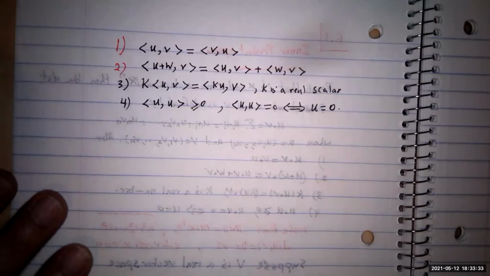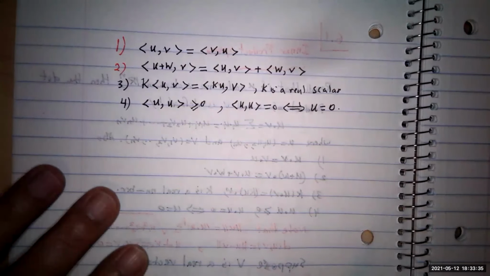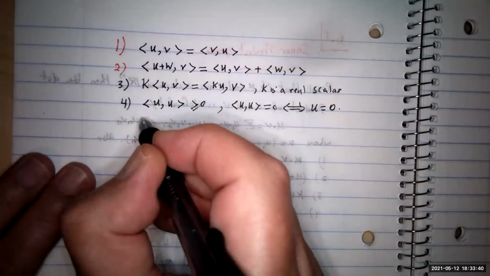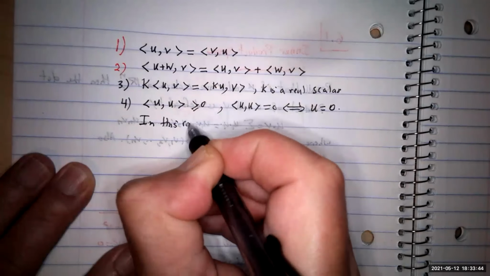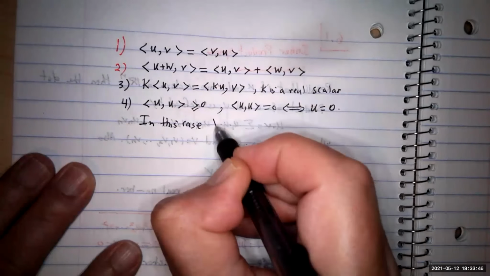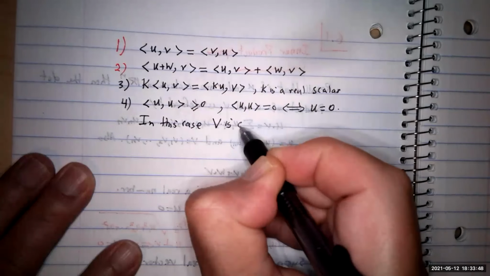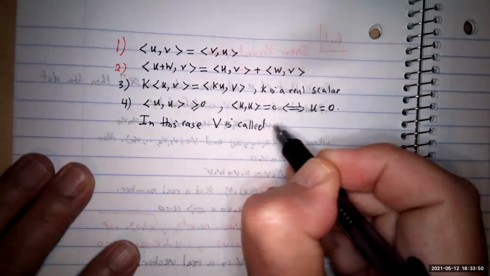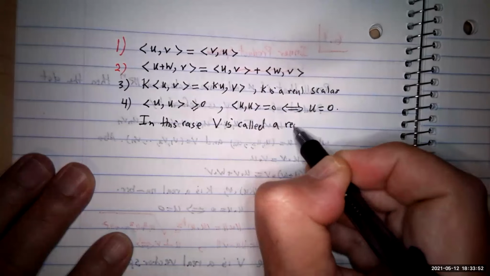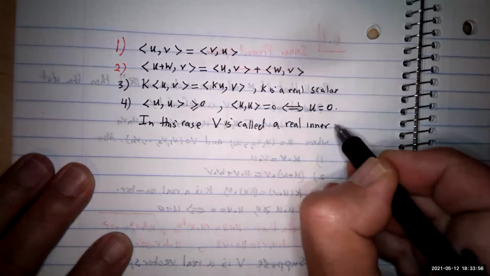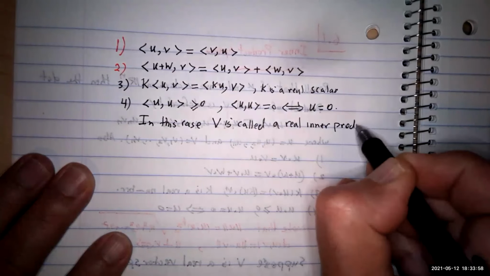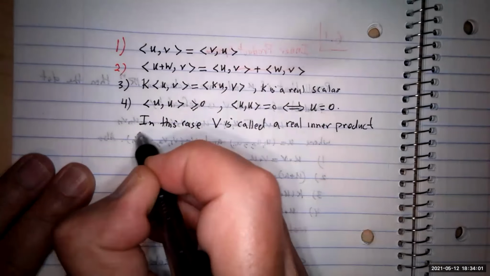In this case, V is called a real inner product space.